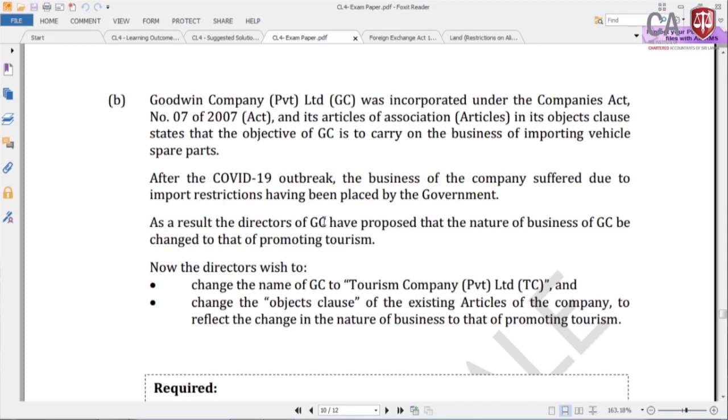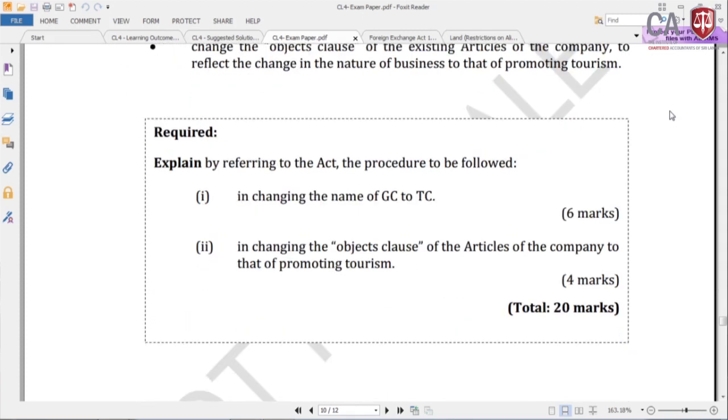After the COVID-19 outbreak, the business of the company suffered due to import restrictions having been placed by the government. As a result, the directors of GC have proposed that the nature of business of GC be changed to that of promoting tourism. Now the directors wish to change the name of GC to Tourism Company Private Limited (TC) and change the object clause of the existing articles of the company to reflect the change in the nature of business to that of promoting tourism.